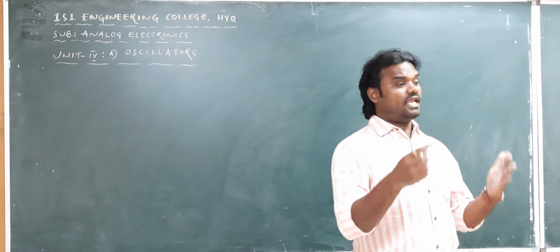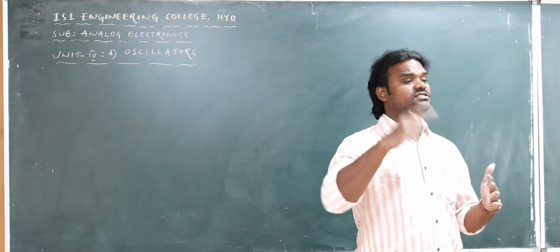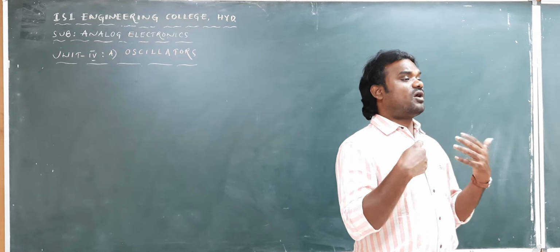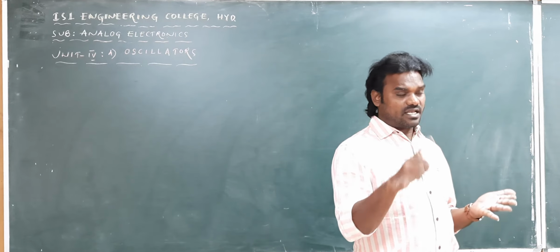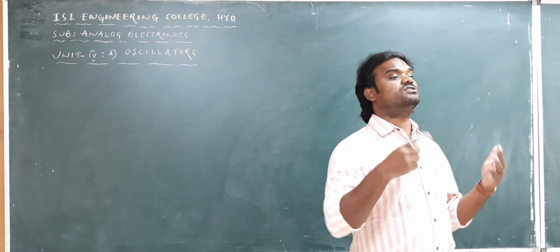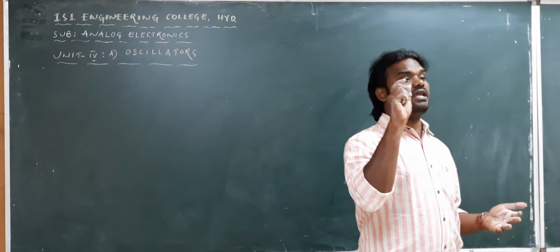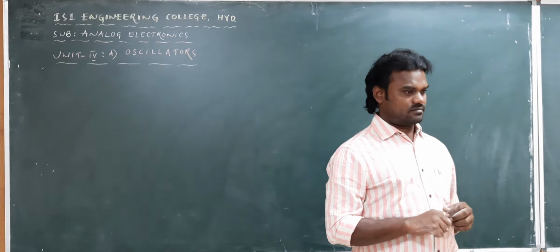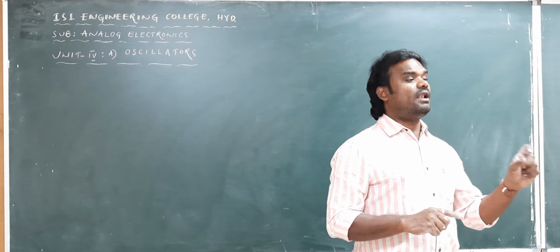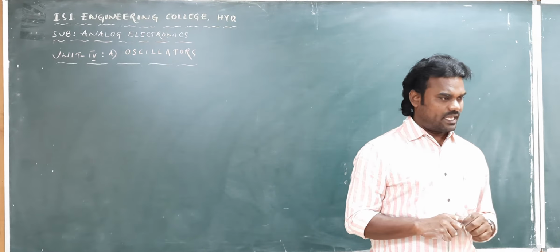The frequency at which the amplifier makes the oscillation, or the frequency at which the oscillator circuit makes the oscillation, is called frequency of oscillation. The definition of frequency of oscillation will be asked for 2 or 3 marks in the exam.